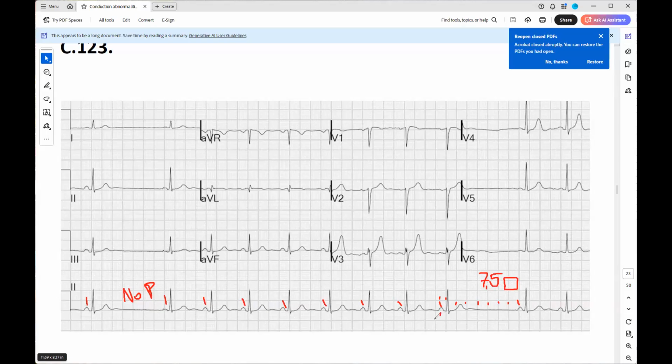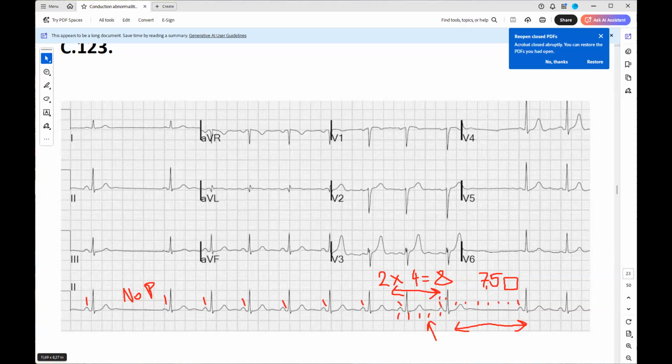I would say 1, 2, 3, 4. This is the last conducted PP. That means 4. And taking twice this, that should be 8. Meaning that this distance is less than twice the last one. So we do have a Mobitz type 1 SA block.